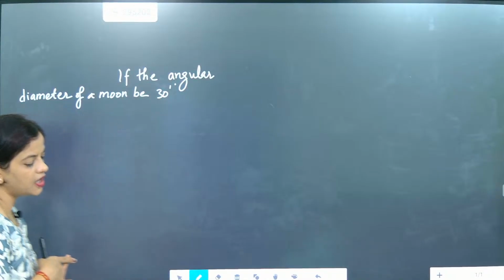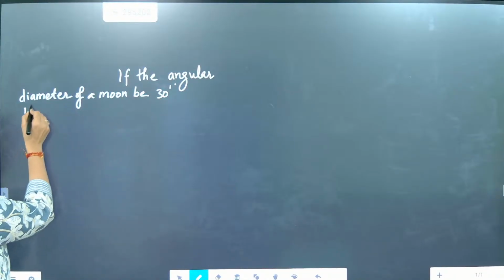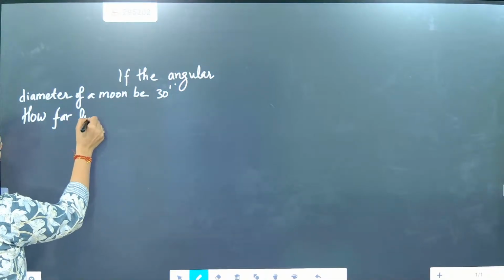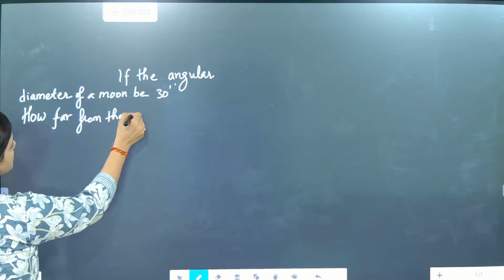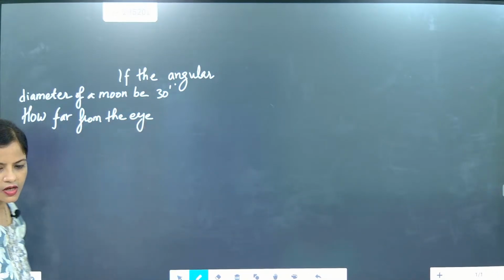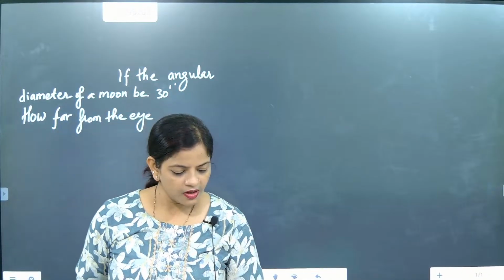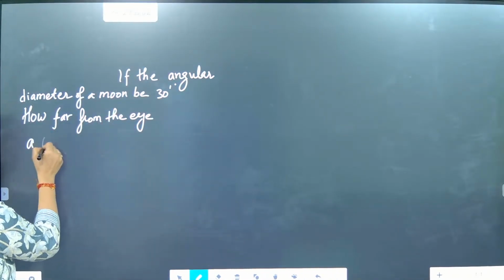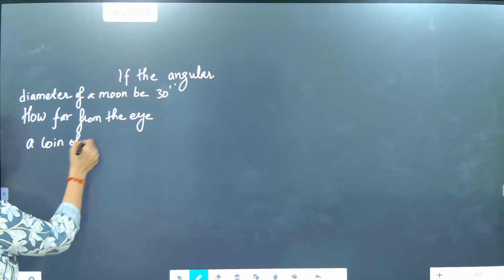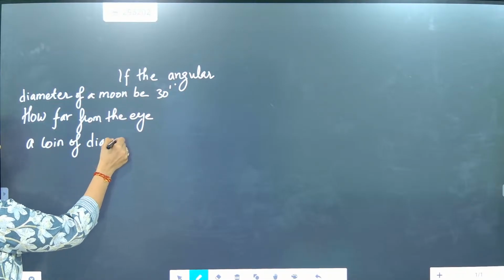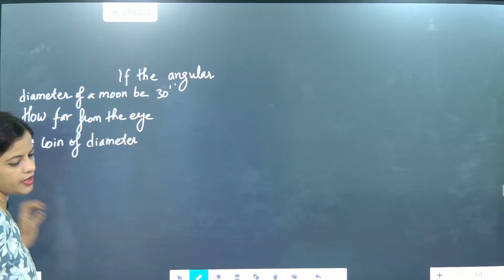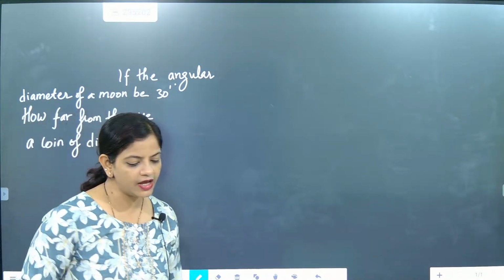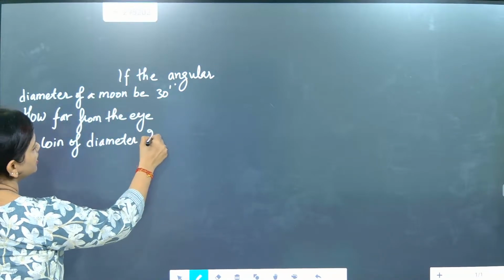how far from the eye a coin of diameter 2.2 centimeter can be kept to hide the moon.